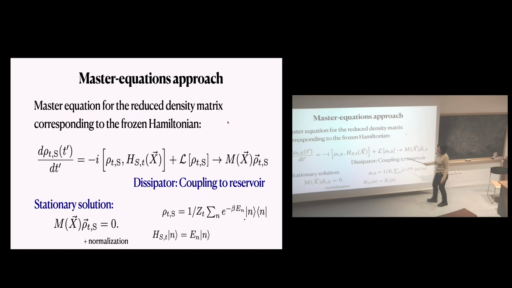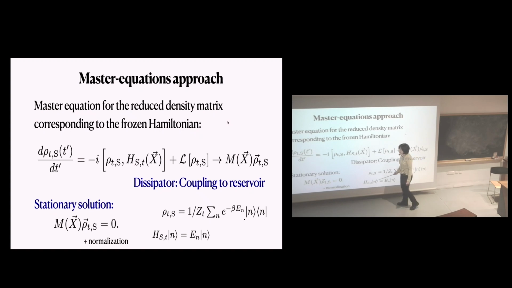So this is the free dynamics, the dynamics with the free Hamiltonian, and all the information of the coupling to the reservoir is indicated here in this Lindbladian. So the stationary solution should be found by asking that this time derivative is equal to 0.